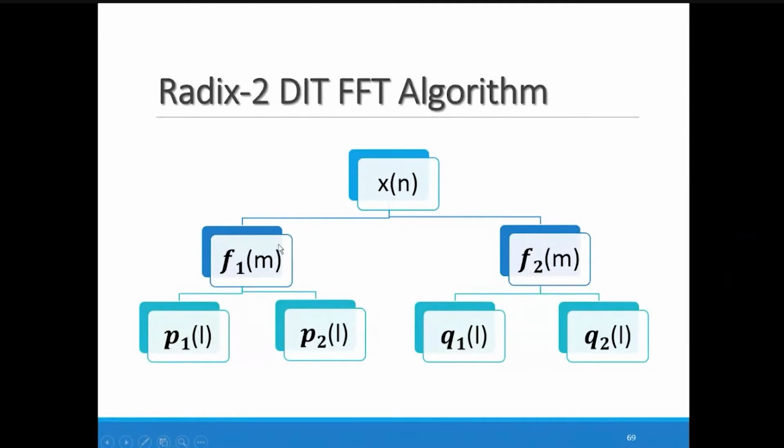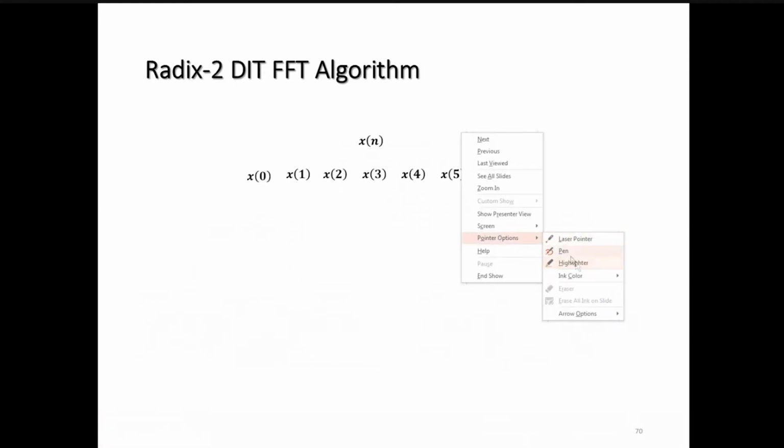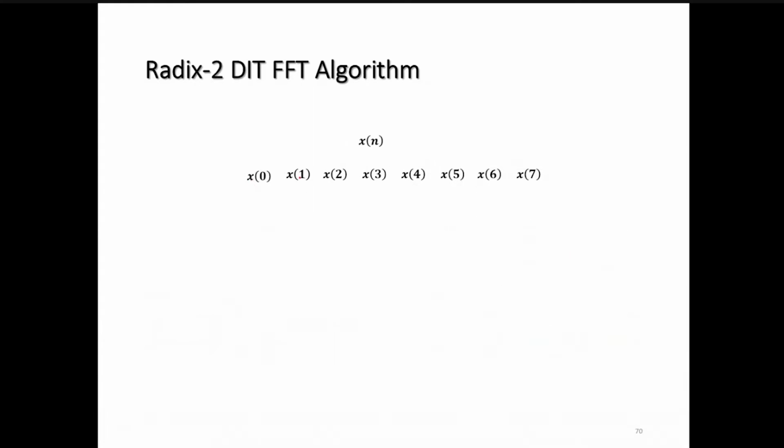Then f1m is again split into two sequences, even and odd, p1l and p2l. Similarly, f2m is again split into even and odd sequences. In this example, x of n has 8 points, starting from x0, x1, x2, x3, x4, x5 up to x7.